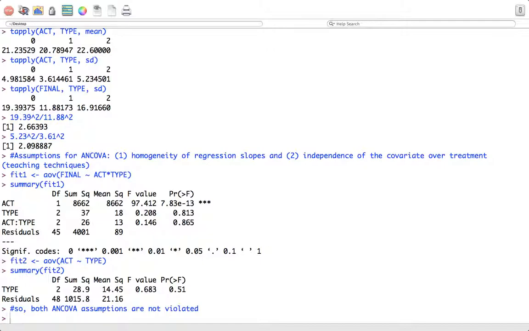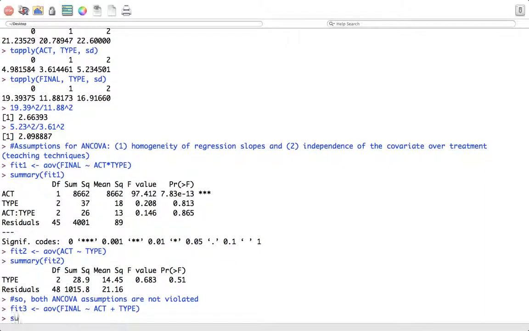What I would call this is fit 3, and I would run the ANCOVA, and again, I'm wanting over the final exam. But I want to put in my covariate plus my independent variable. Okay? Make sense? Hope so. So I'm going to do summary fit 3.